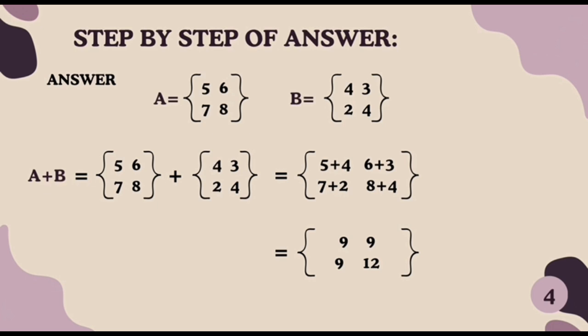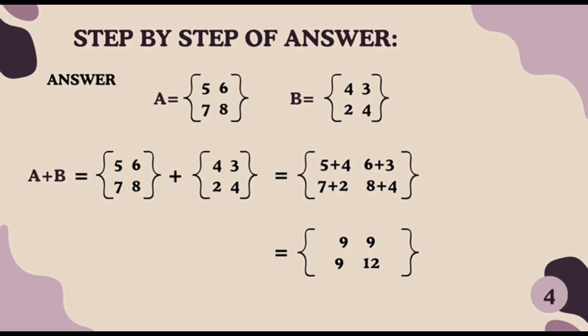Great job for giving those problems a try. Now let's go through each operation step by step and see how you did. The first question is, what is the matrix of A plus B? Matrix A plus B is equal to the elements 5, 6, 7, 8 plus the elements 4, 3, 2, 4.